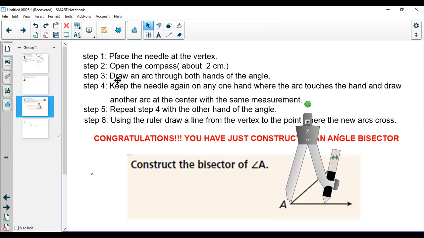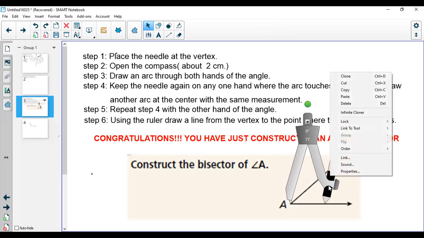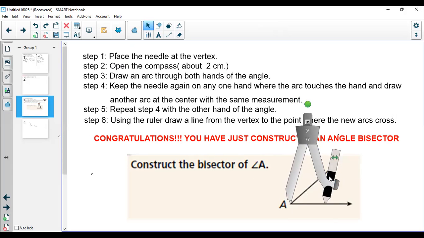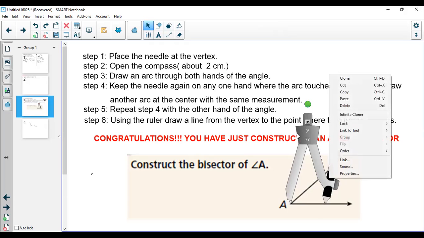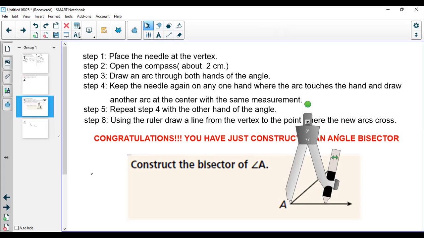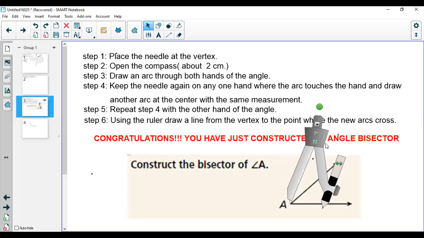Now step number 3. Draw an arc through both hands of the angle. You know the hands of the angle. This is one hand and this is the other. So you are going to draw an arc through both hands.